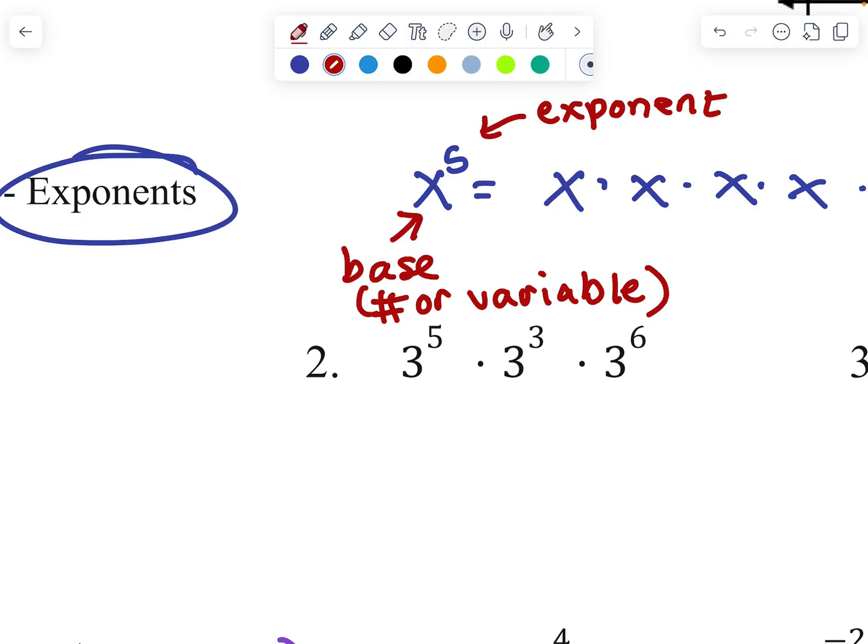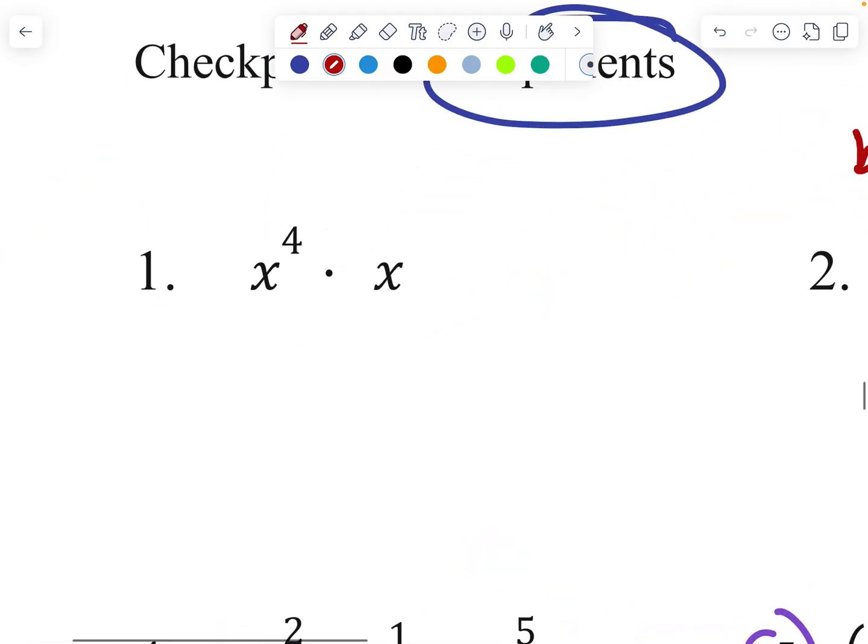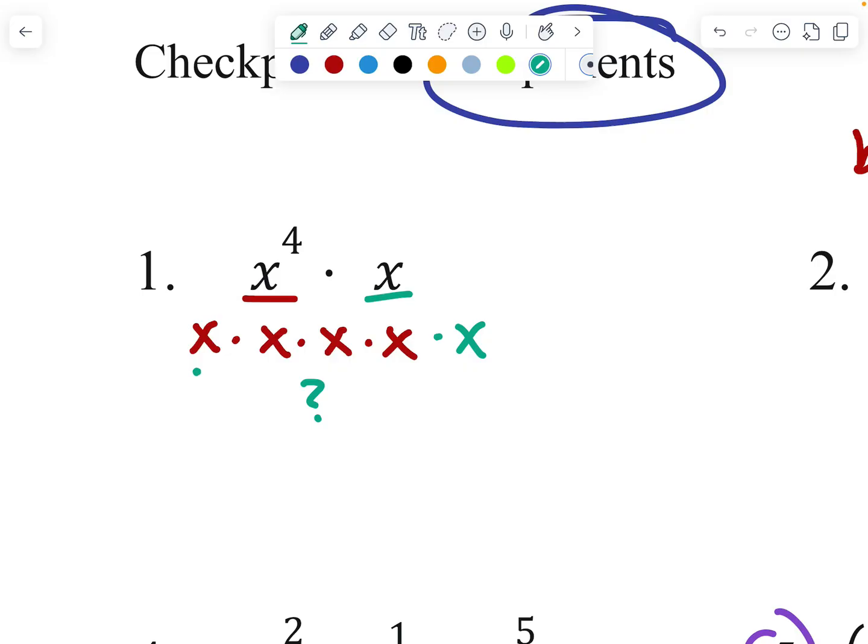The exponent tells you how many bases there are being multiplied. Okay, so for instance, number 1 right here, this is really 4 x's being multiplied, right? With this extra x being multiplied to it. And then how many x's do we have? We have 1, 2, 3, 4, 5 x's. This becomes x to the 5th, right?